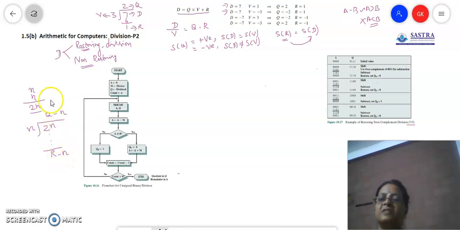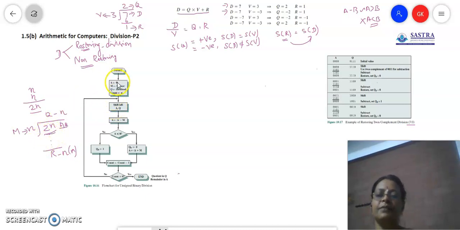As we had for multiplication, the same set of registers is going to be used here. In order to store this 2n-bit dividend, we are going to make use of A and Q, and the divisor is going to be stored in the register M. The quotient will be available in Q, and the remainder will be available in the A register. So these are the registers we are going to use for this application.